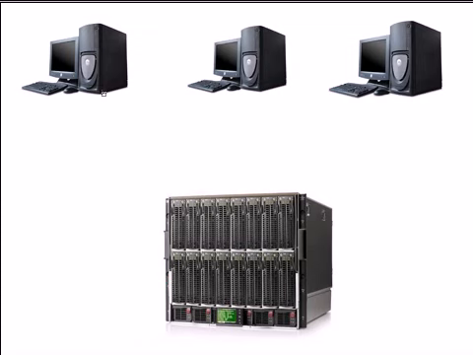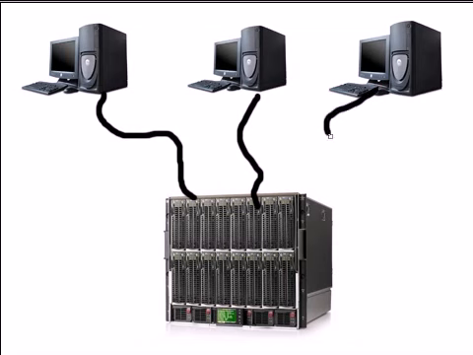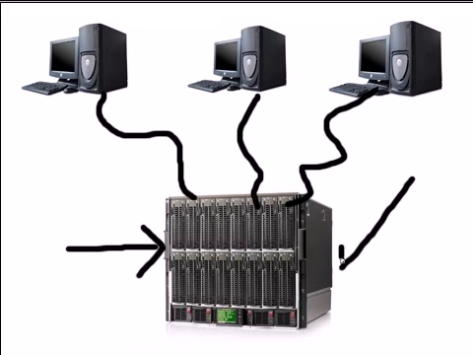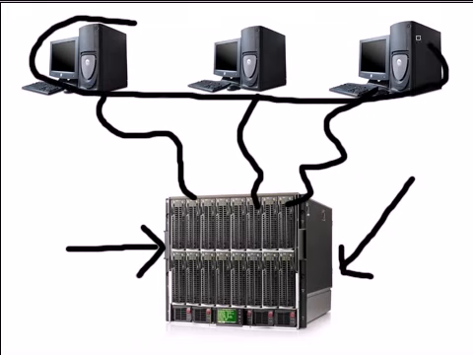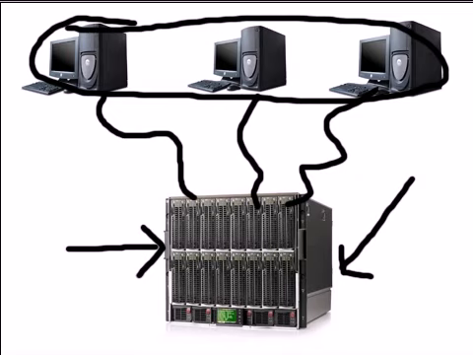All of these computers right here can connect to the server and get information from it. A website is an example of something that would be on a server. A website would be stored right here, and all of these computers can see all of the information on the website. So again, this thing right here is called a server, and these are called workstations.